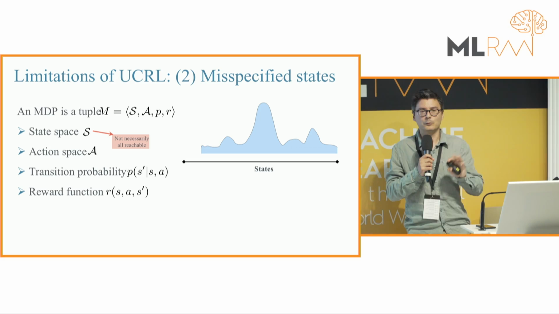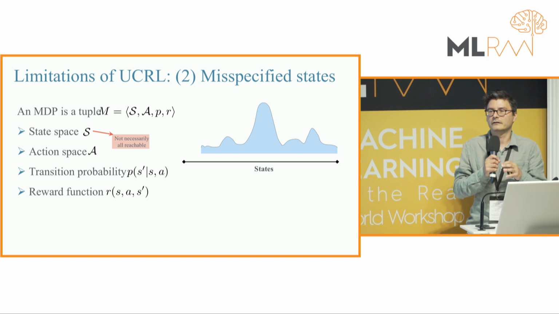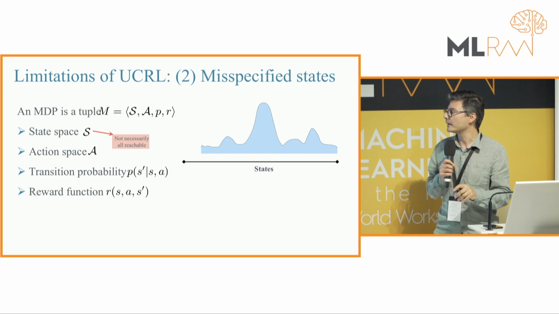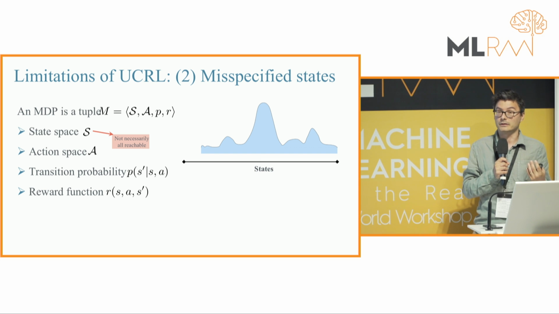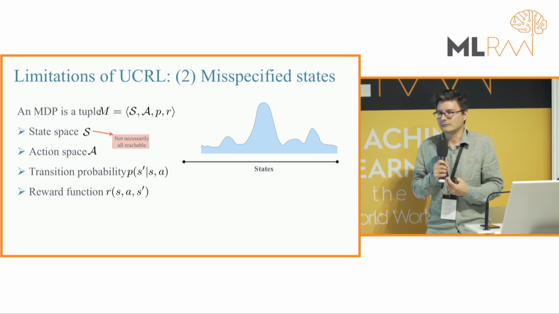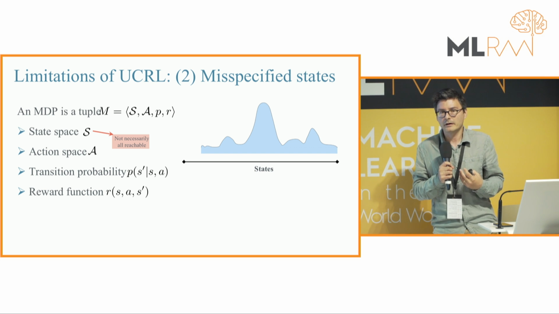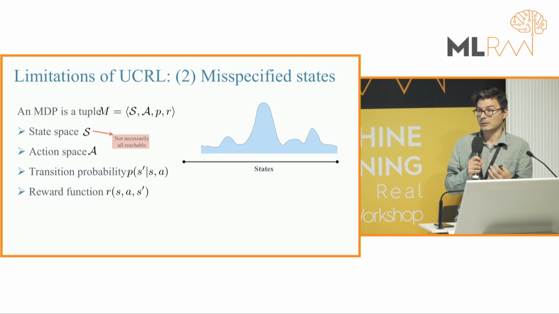In reinforcement learning, we always start with a Markov decision process, which is defined on a set of states. And as soon as we start from there, we say, okay, that's the definition of where the agent can be. Turns out that in practice, I can define a set of states which might not actually be reachable by the agent at any point in time.